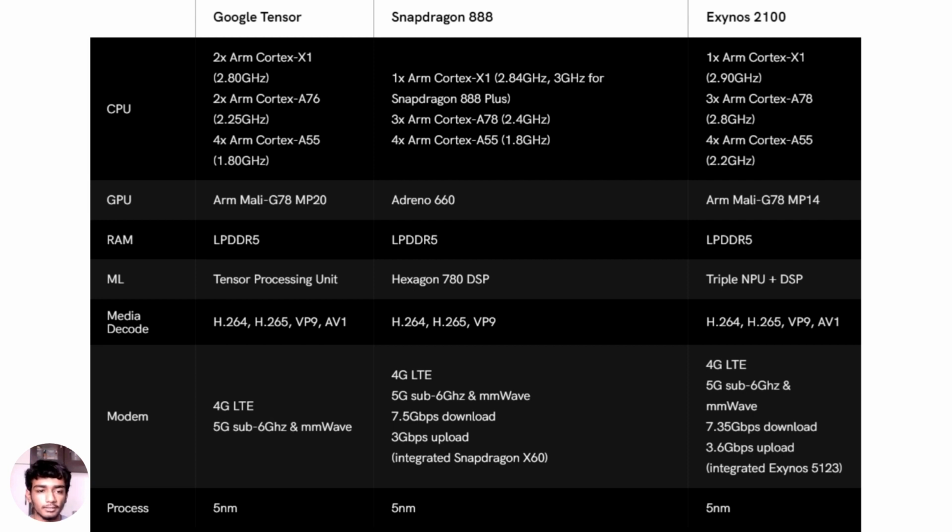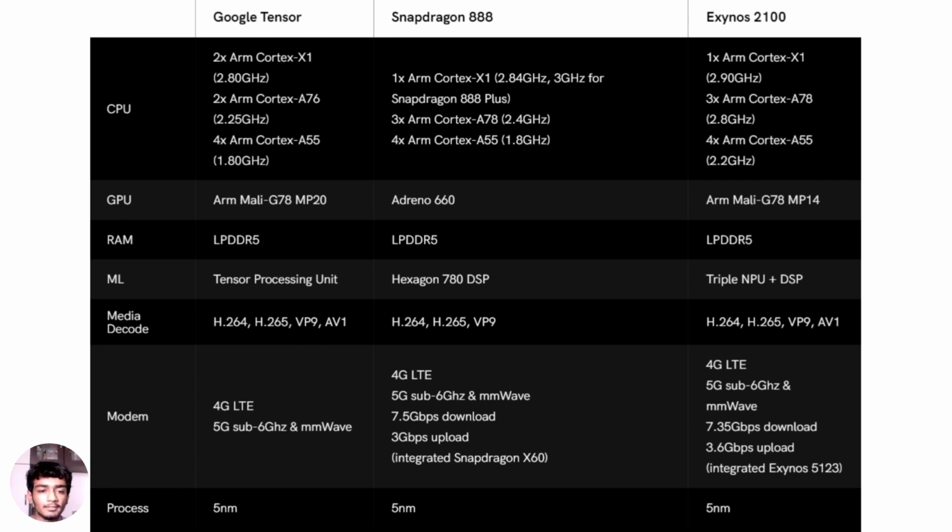So in Google Tensor, as you can see, it has 2x ARM Cortex. 2x ARM Cortex means that it has two ARM processors, whereas Snapdragon has one and Exynos also has one ARM Cortex. The GPU is ARM Mali G78MP20. Snapdragon uses the Adreno 660 GPU, and Exynos uses ARM Mali G78MP14. That's the serial number of our GPU.